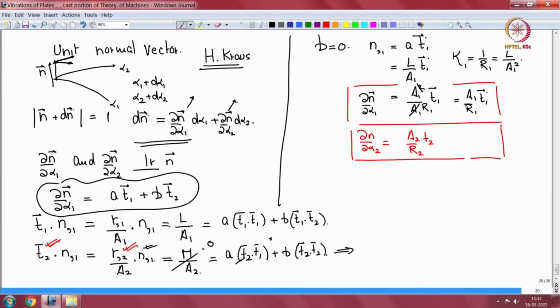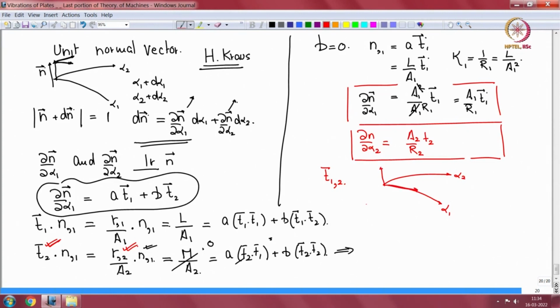Now we will need T1 comma 2. Okay, what is T1? We have alpha 1 direction, we have alpha 2 direction, and the normal. So T1 lies in this direction.